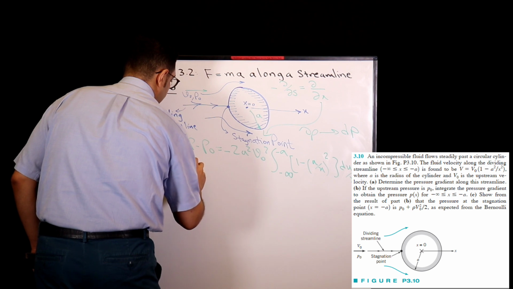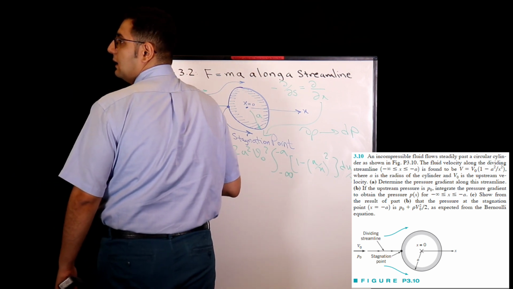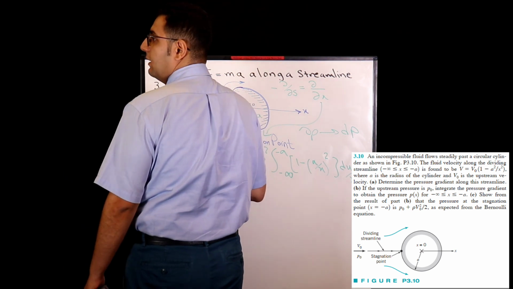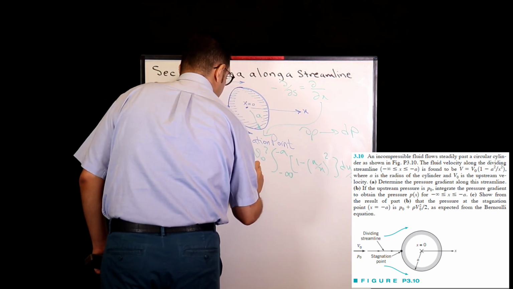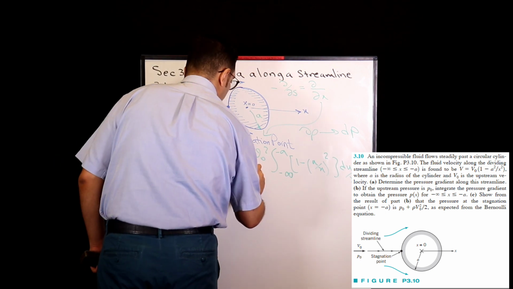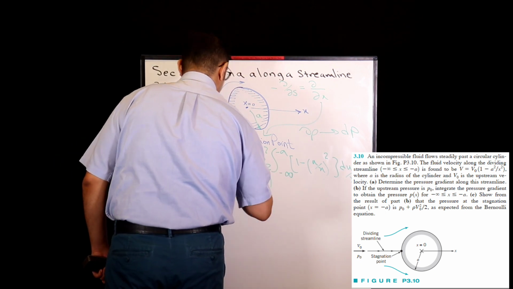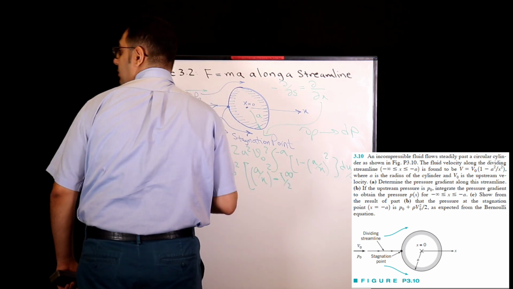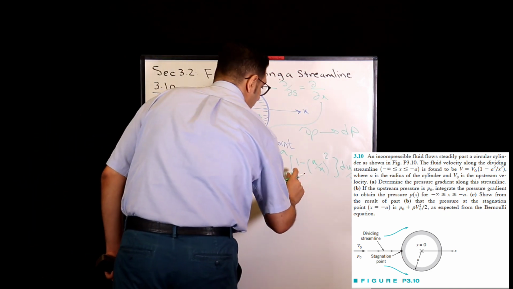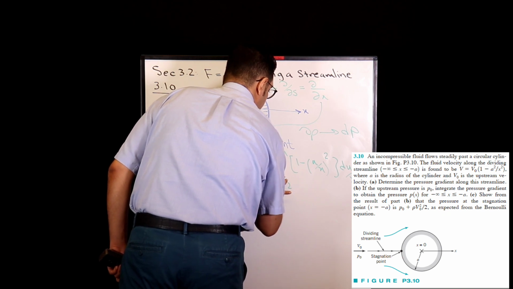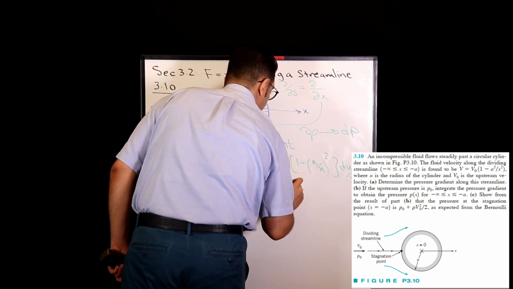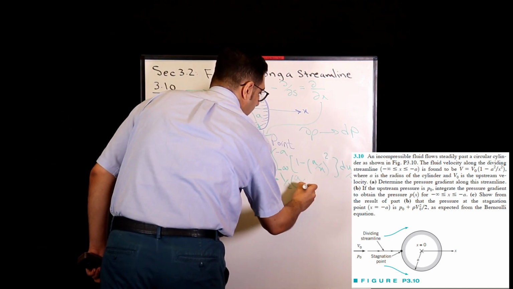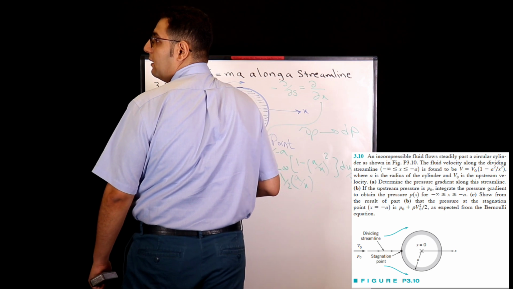Doing the whole integration, we're going to have P equal to P0 plus rho V0 to the power 2 multiplied by a over x to the power 2 minus 1 over 2, excuse me, it's infinity over here, multiplied by a over x to the whole power 4.